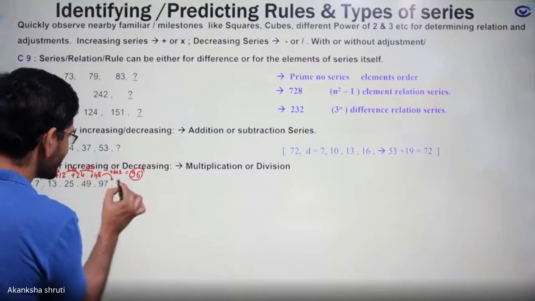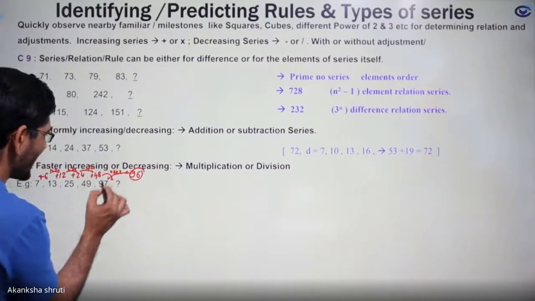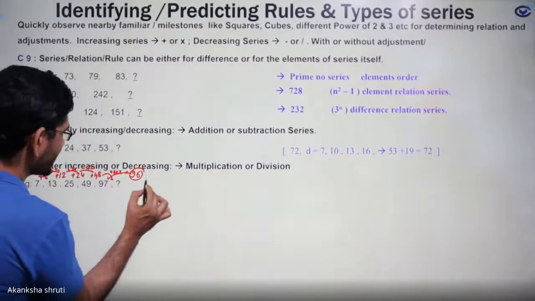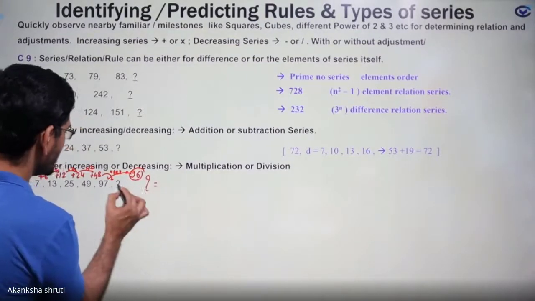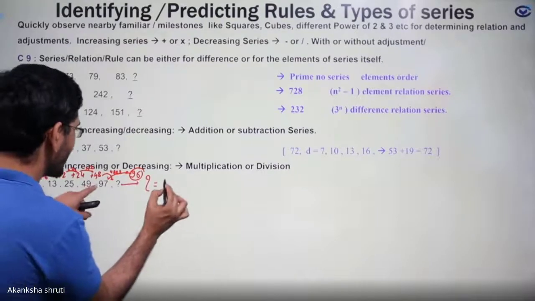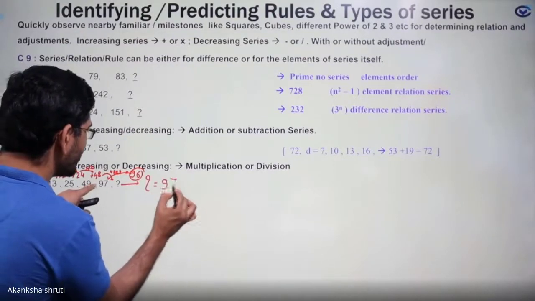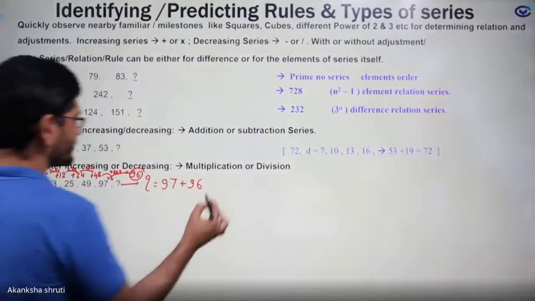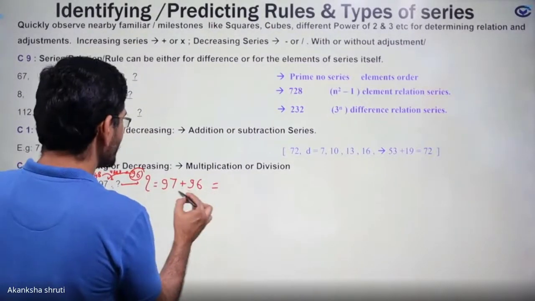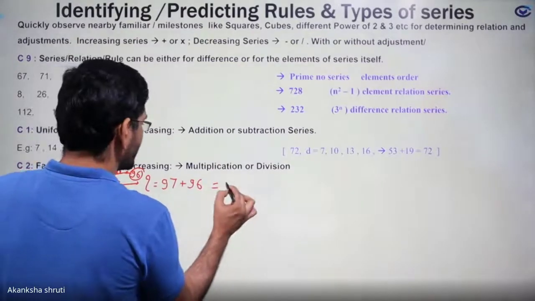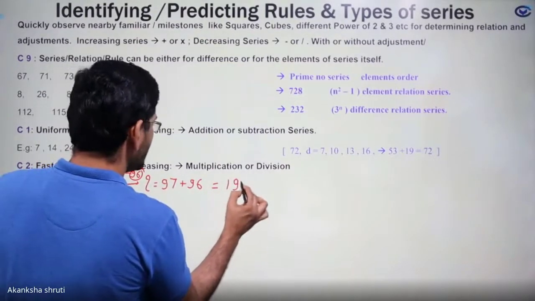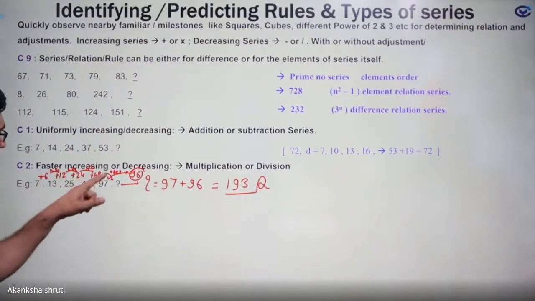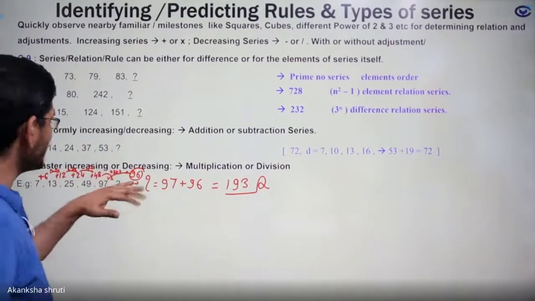So this 96 has to be added to 97, and we get the unknown number as 97 plus 96. Go for adding them. It is 193. What we are observing is that even the difference gives us the idea of what will be next.